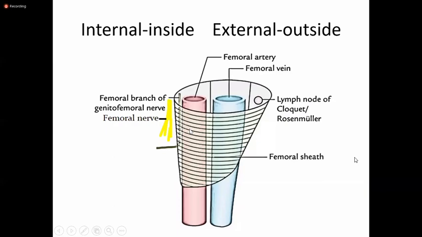Whereas this femoral nerve is outside the sheath, which is called external. External means outside. So using these two terms, we can explain whether some structure is inside or outside. Blood vessels are inside the sheath, they are internal structures, whereas this is an external structure. Femoral nerve is external.